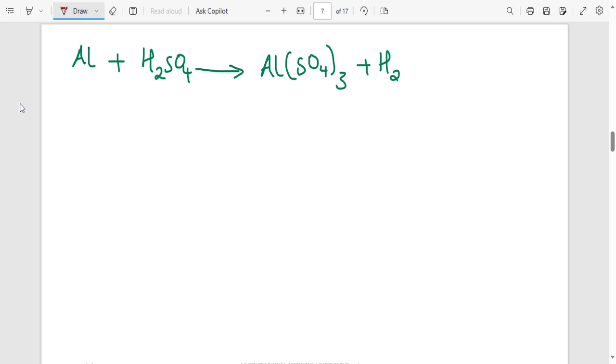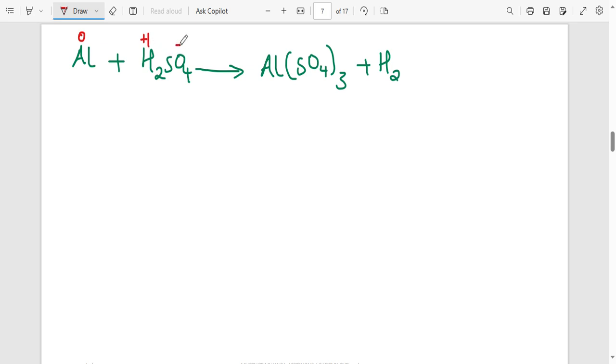The first thing is we need to determine the oxidation number of each atom in this compound. Aluminium already, because it is just an atom alone, meaning that the oxidation number is going to be 0. Hydrogen here, we know hydrogen, the oxidation number is a positive 1.